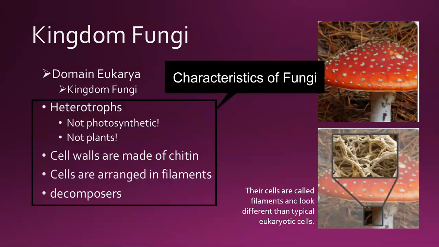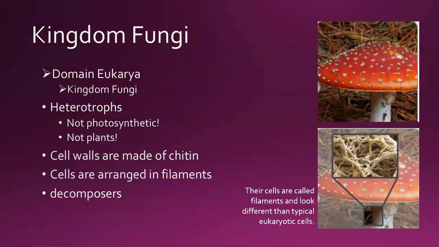Fungal cells are surrounded by cell walls that are made of chitin. Chitin sets fungi apart again from plants because plant cell walls are made of cellulose. So again, fungi are not plants. They don't go through photosynthesis, just like a plant would, and their cell walls are not made of cellulose. Their cell walls are made of chitin.